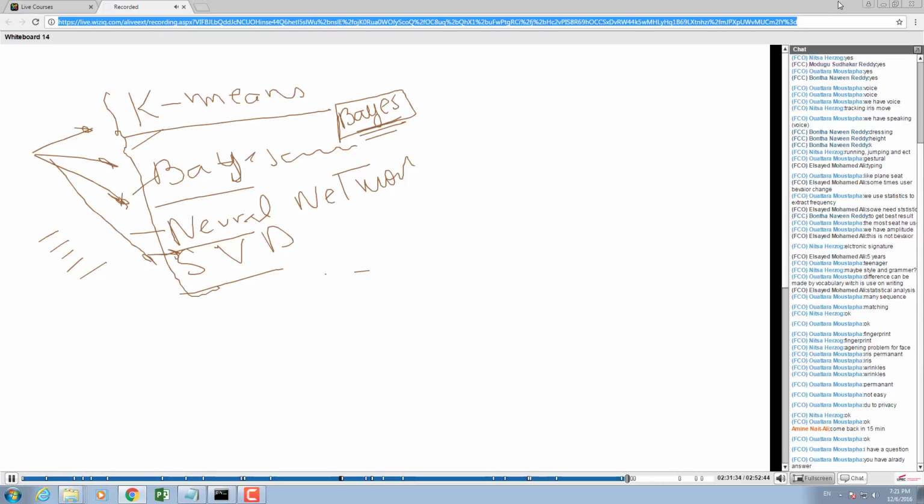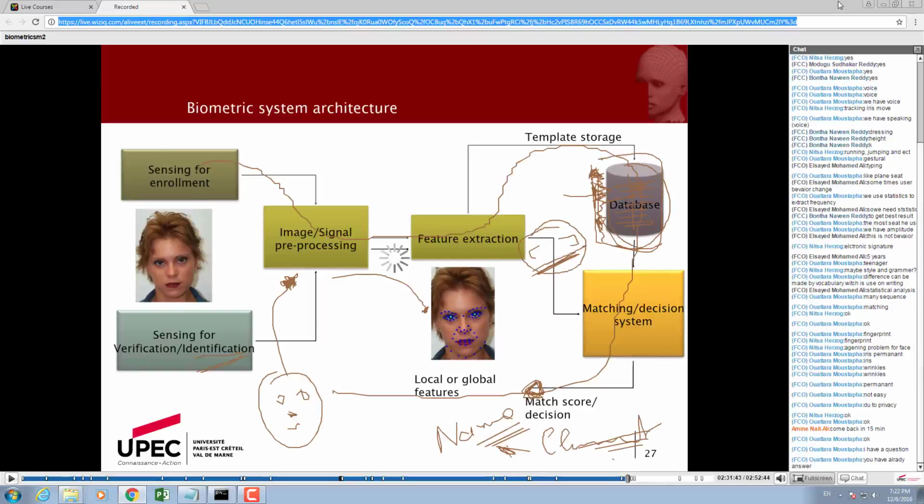So I advise you to practice. You can use MATLAB or other tools, because some MATLAB toolboxes integrate these tools. You will take some classes about different approaches, and after this you will practice. Why is it very important?